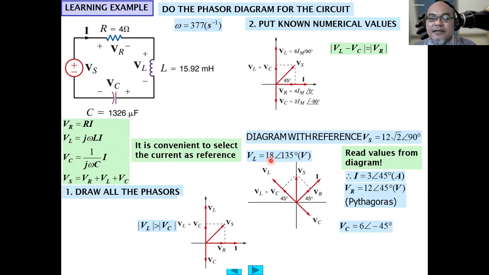And VL, 18 with a phase angle of 135 degrees, in volts. So you can have it like this when we put the current as the reference. But now, after we find Vs, we want to put Vs as the reference vertically upward, in the positive y-axis.